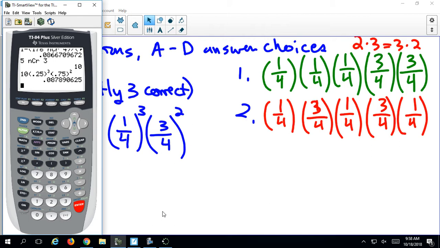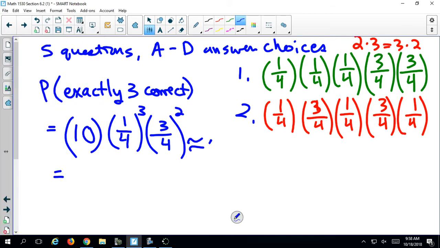So the great thing about why we like the binomial is all the probabilities in a binomial distribution work the same way. Okay, so we actually have a formula that will calculate this probability for any situation that's binomial. Okay, so 0.0879, let me just write that down.